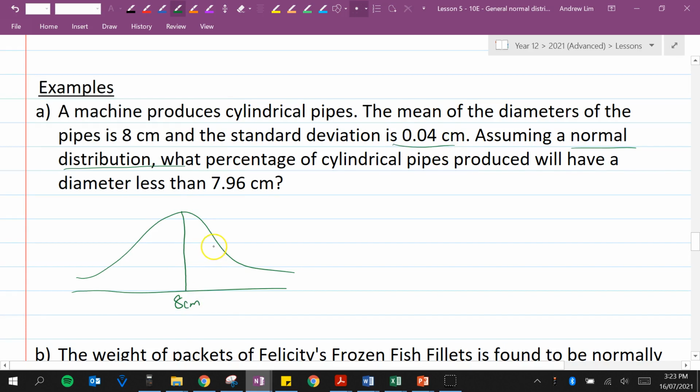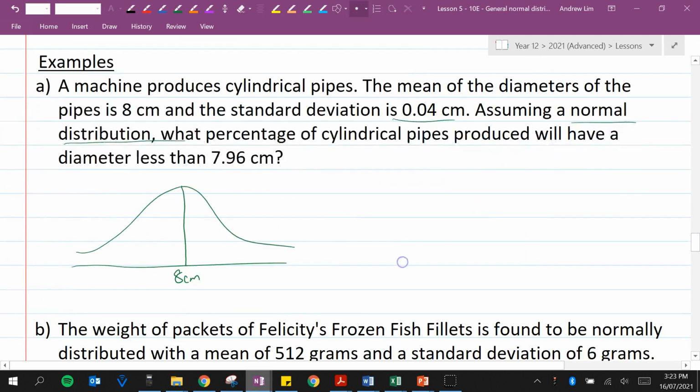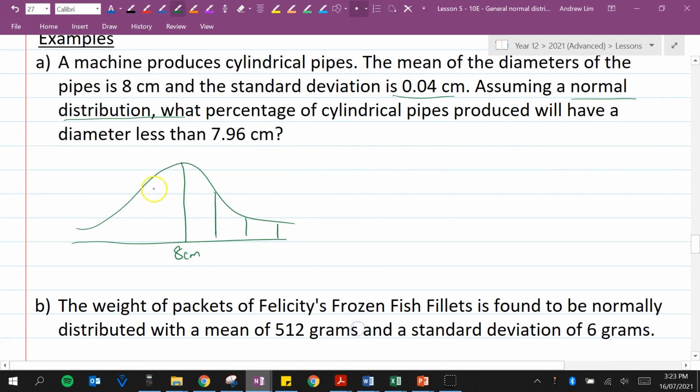So because of the bell curve up here, I can see it usually goes from -3 to 3. So all I'm going to do is go 1, 2, 3, and 1, 2, and 3. And then I'll just label them according to my standard deviation.